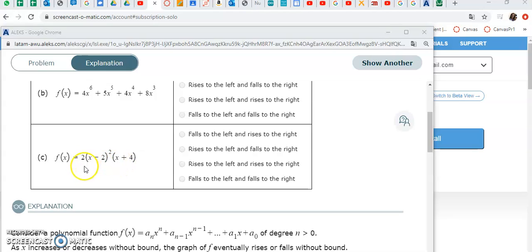And the leading coefficient, as you can see, as this 2 is positive and this x is positive and the other x is positive, the leading coefficient is going to be a positive number. So we have positive 2x to the third. So let's see.